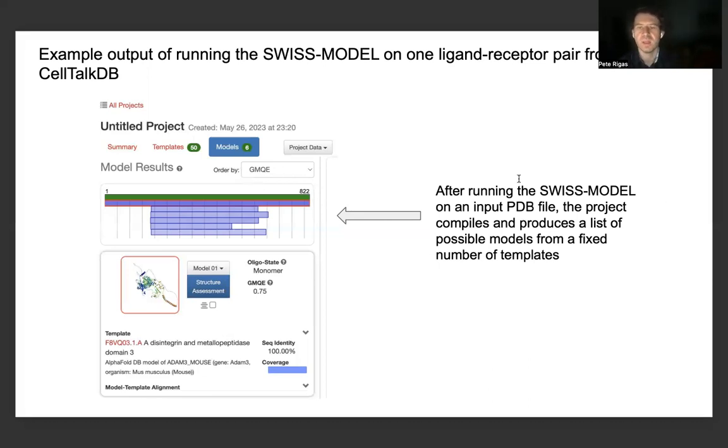And after we run the Swiss model on the input PDB file, which is related to the full-length amino acid sequence that we get, the project compiles the list of the possible models from this fixed number of templates.